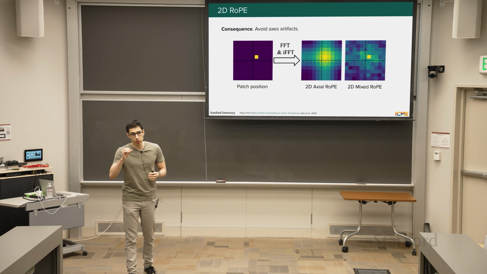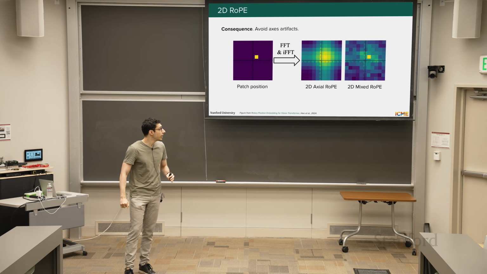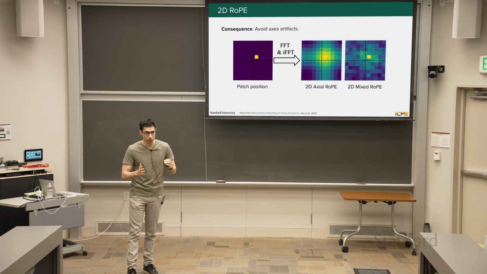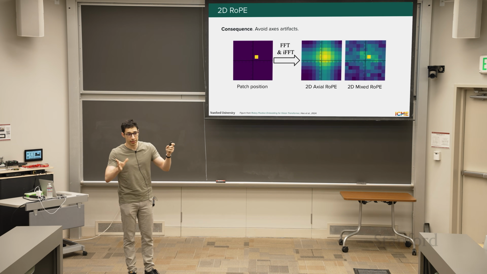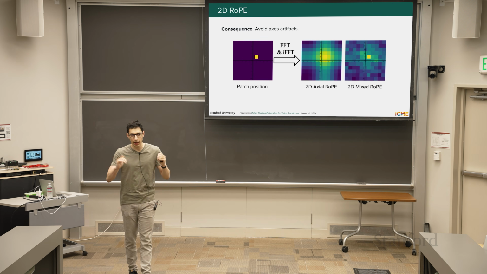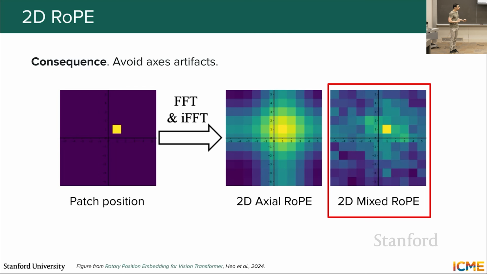And after trying to reconstruct the signal from this set of frequencies, they saw that axial RoPE had all these artifacts that were due to this lack of interaction between the two axes, whereas mixed RoPE was able to leverage the same set of frequencies, the same frequency budget, in a way more efficient way. So yeah, these are two ways of looking at them, and mixing things seems to make it better.